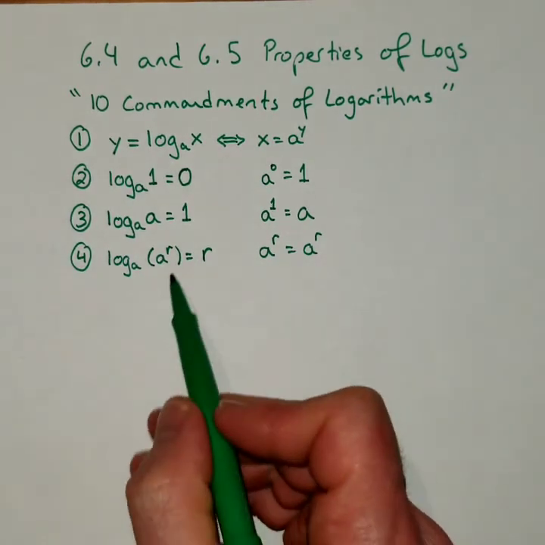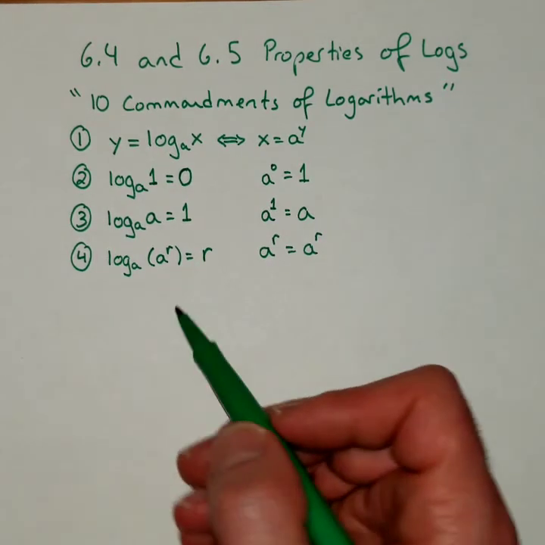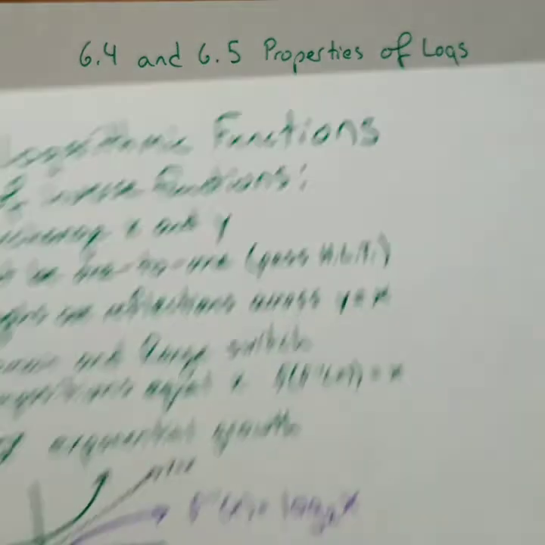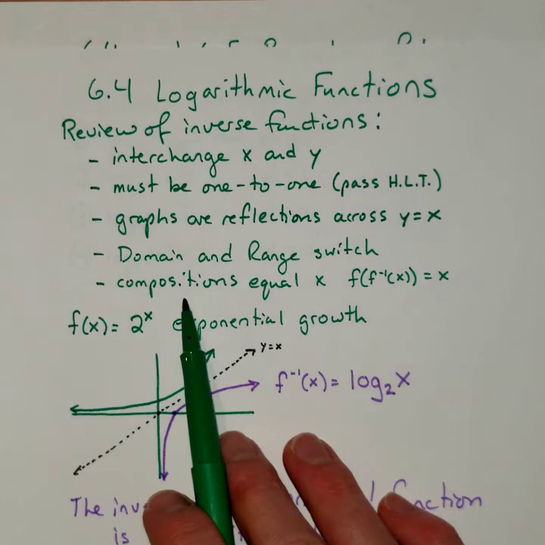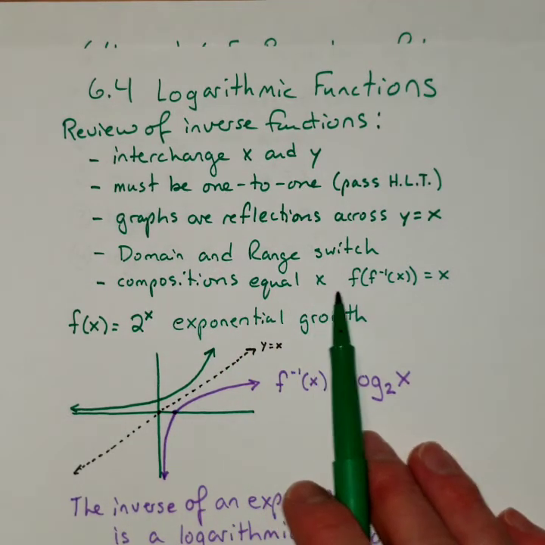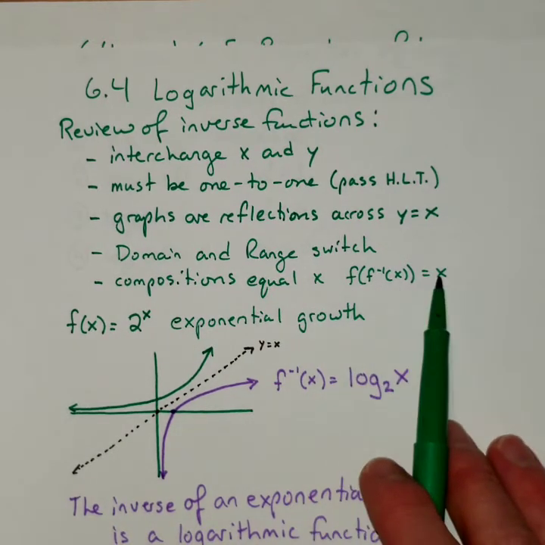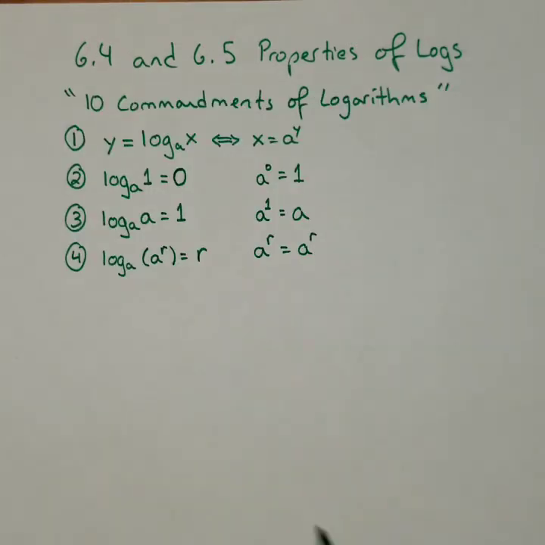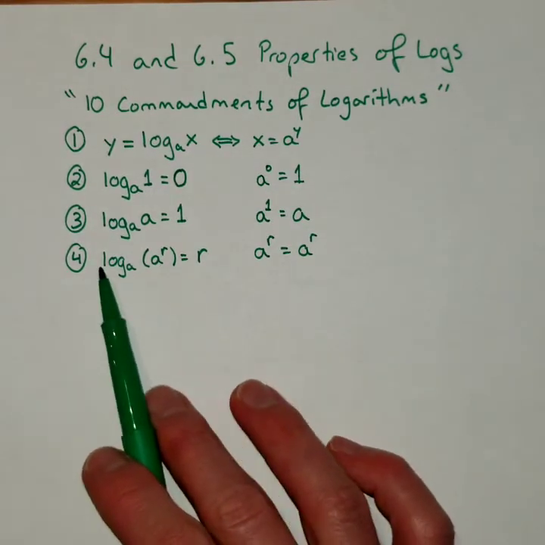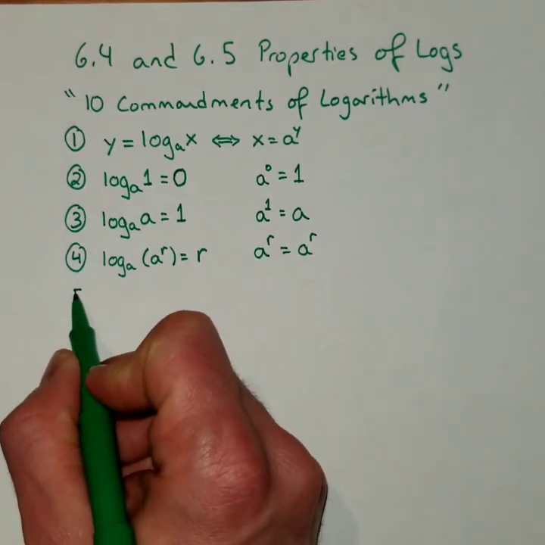Okay. This is also, interestingly, a composition of two inverses. And if you'll recall, when you have two inverse functions, their compositions will always equal x. So if you input one function into the other, you'll always get the input out. Here I'm not using x, I'm using r, but it doesn't matter. If I take an exponential and insert it into a logarithm, I should get r. And vice versa for the composition.